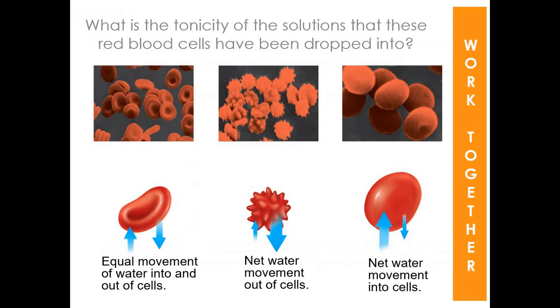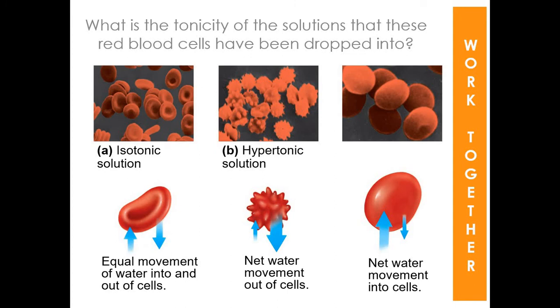So let's compare that here. For example, these are red blood cells, and let's look at their tonicity. In an isotonic solution, there is equal movement of water into and out of the cells, so the red blood cell is in its normal shape.